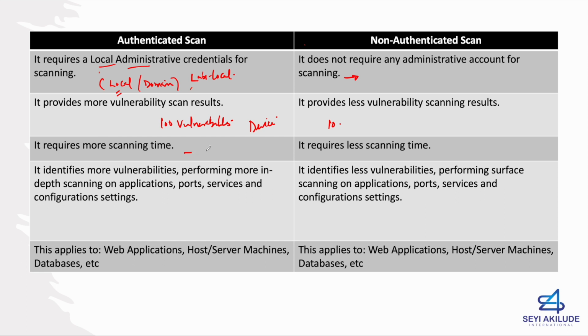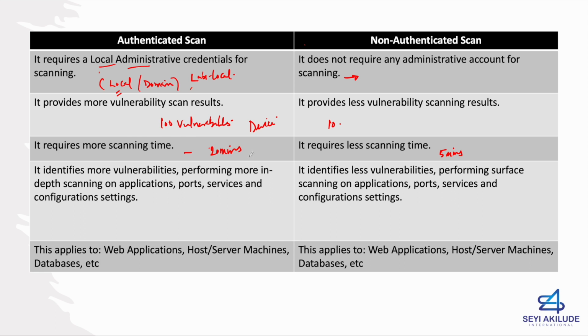So, for example, if you're using an authenticated scan, it might take you, let's say, 20 minutes. If you're running a non-authenticated scan, then it might take you 5 minutes. And the reason is because of the privileges. The privilege will allow you to go more in depth, and then it will allow you to get more vulnerabilities.